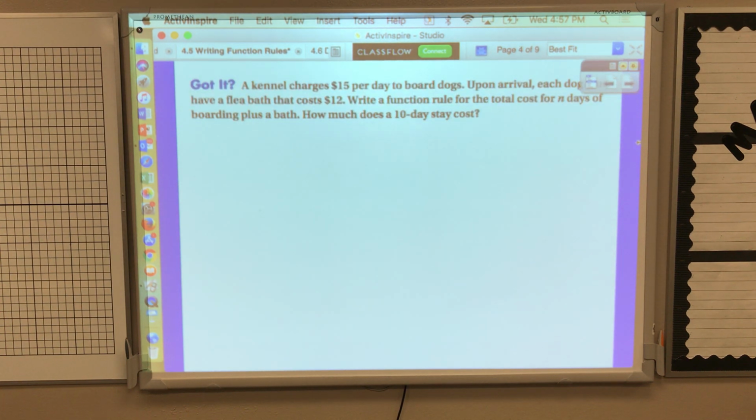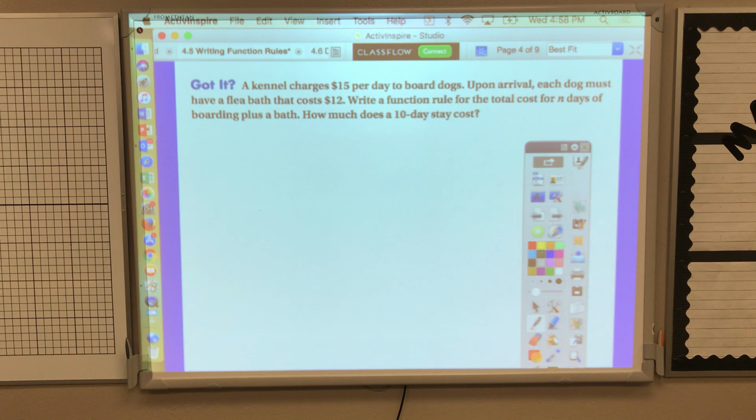A kennel charges $15 per day to board dogs. Upon arrival, each dog is given a flea bath that costs $12. Write a function rule for the total cost of n days for boarding plus the bath. So we're talking about two things again, making it a function: n days, and the total cost.